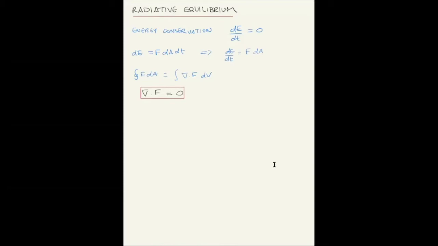Now, if you combine this with the plane parallel approximation, where the quantities are only varying in the z direction, this is a simple situation. You simply have that dF/dz is equal to 0 as for the plane parallel approximation. Well, that means that the flux is constant. That means the volumetric flux is constant. Now we can define this in terms of the luminosity and the radius of the star.